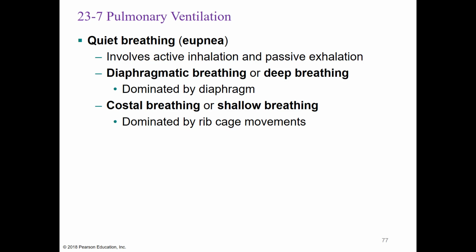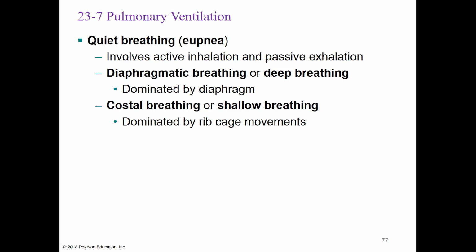Quiet breathing, or eupnea, is going to involve active inhalation and passive exhalation. Diaphragmatic breathing, or deep breathing, is dominated by the diaphragm. Costal breathing, or shallow breathing, is dominated by rib cage movements.